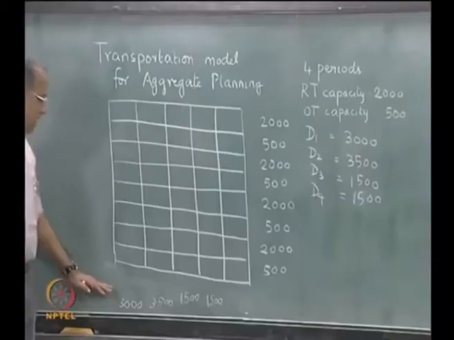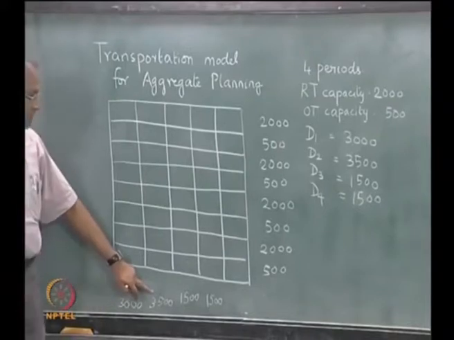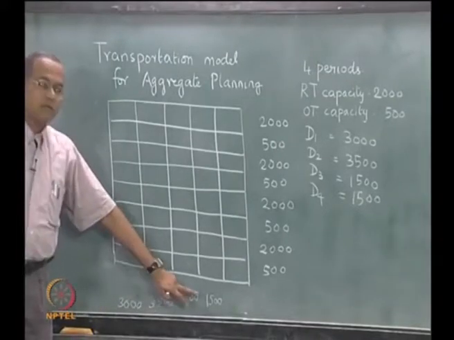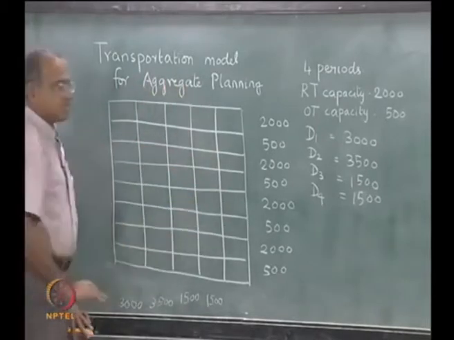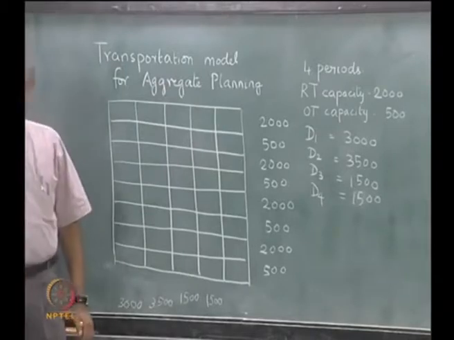So the 4 period demands are written as 3000, 3500, 1500 and 1500 respectively. Now we have created the basic structure for a transportation problem.